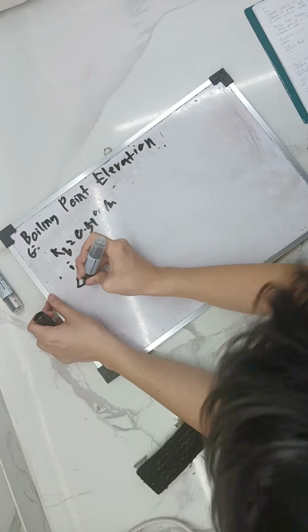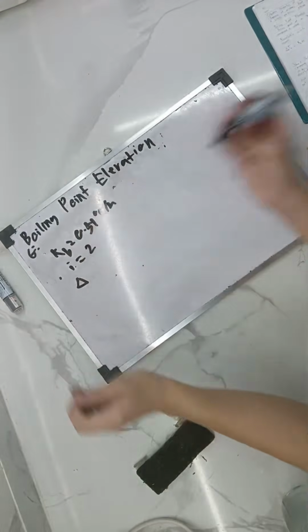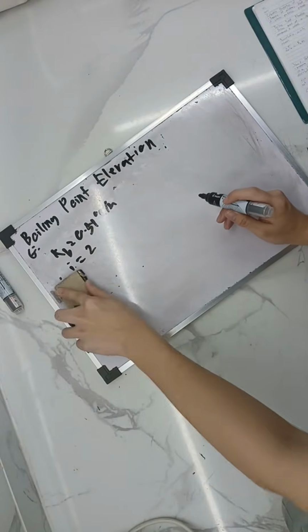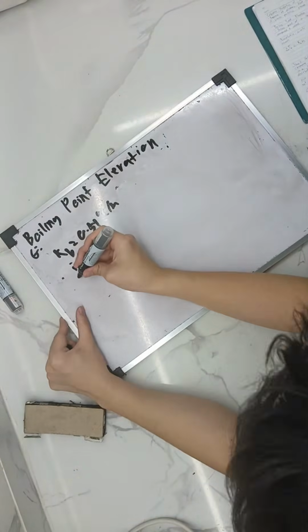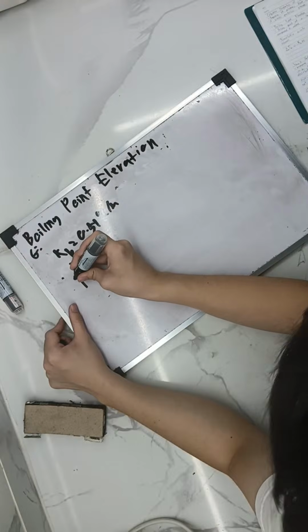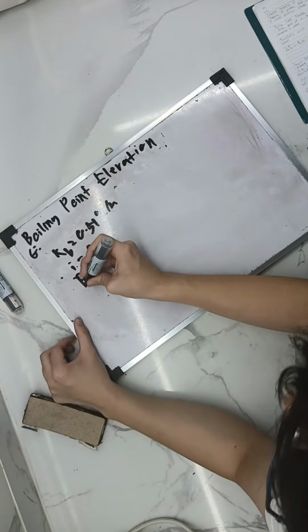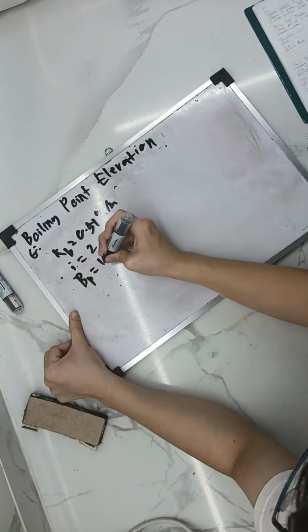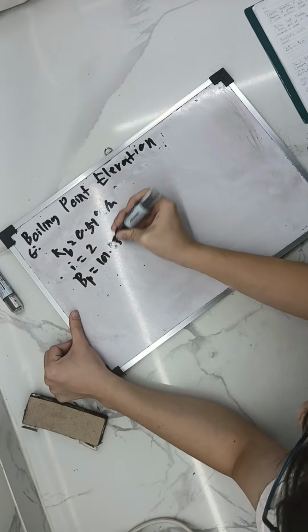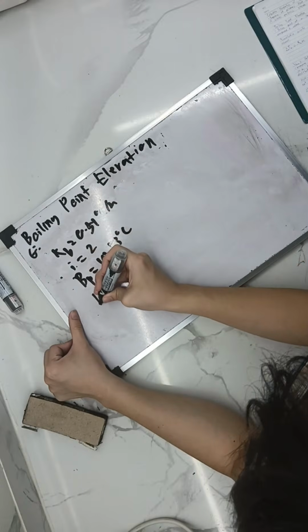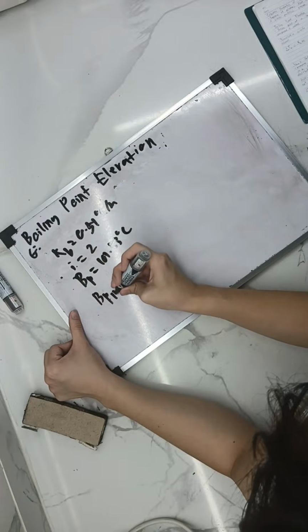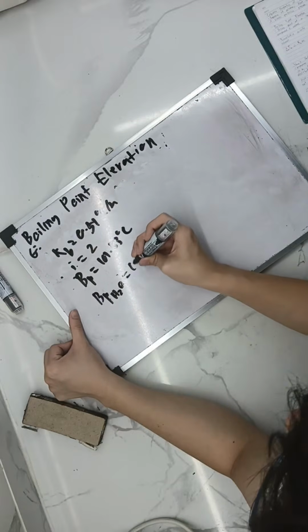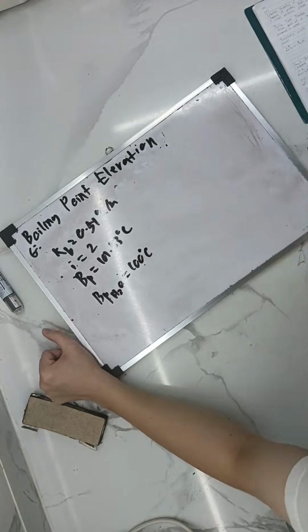Let's say that the boiling point of the solution is equal to 101.53 degrees Celsius, and that the boiling point of water is equal to 100 degrees Celsius.